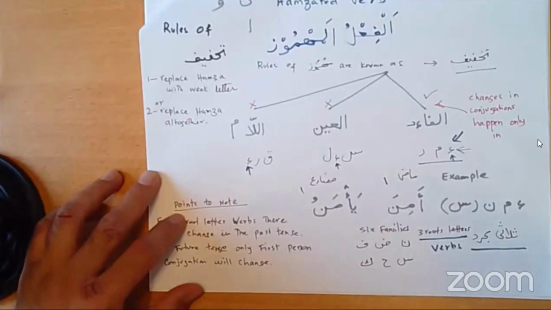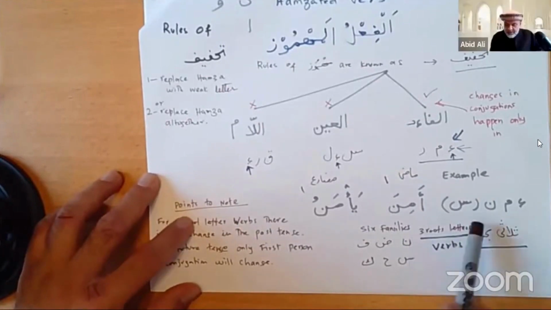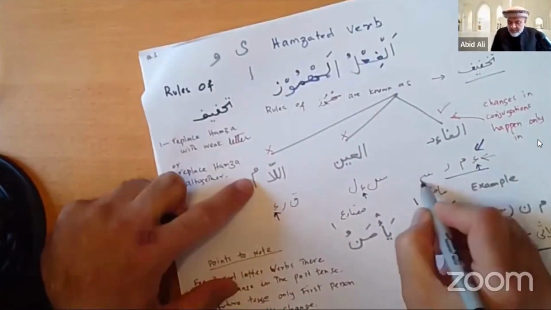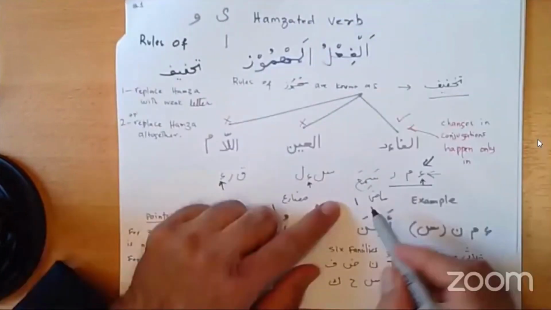So how do you write Samia? Samia will be Sin, Mim, Ain. Agree?